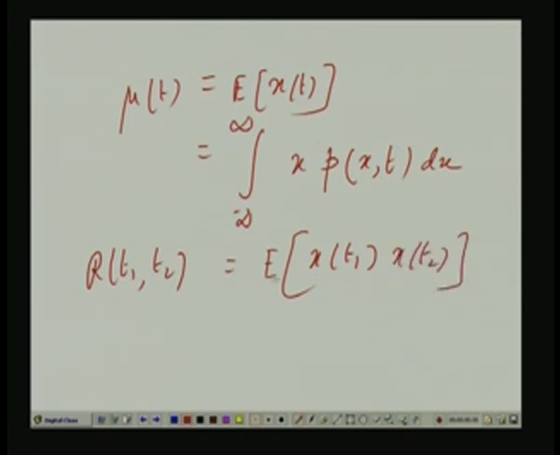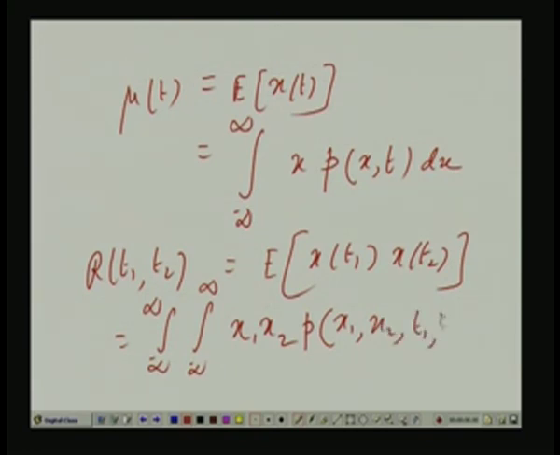In the real valued case it is simply the product, no complex conjugation anywhere, and the expected value, which is nothing but the double integral from minus infinity to infinity. Suppose one takes x1, the other one takes x2. This product is multiplied by the joint density, but t1, t2 will continue, and dx1, dx2.